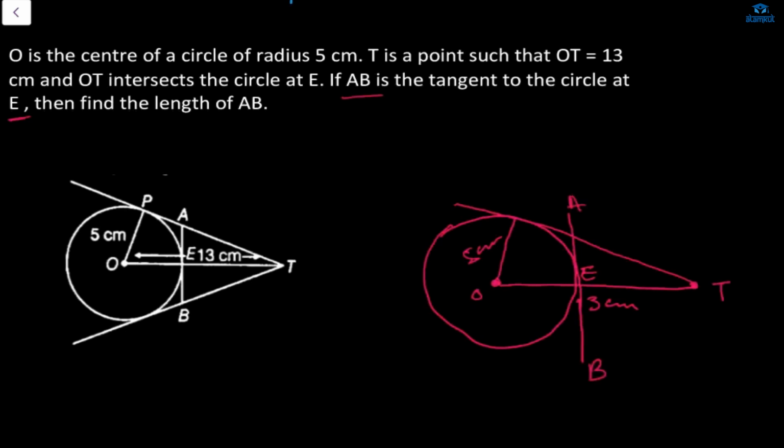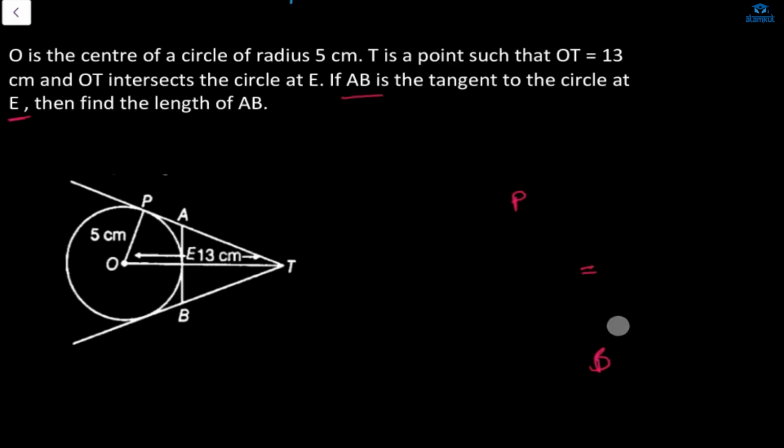Then find the length of AB. We have made this extra construction, and this particular point I have marked as B. Understood, Sophia, how you have to draw the diagram just by reading the question? Any doubt?